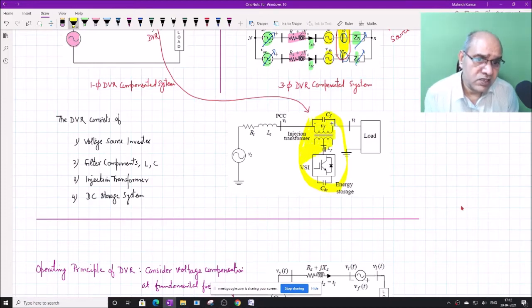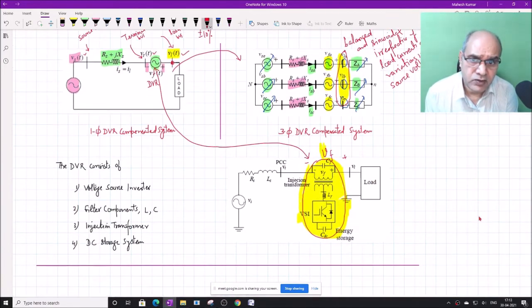So this is equivalent to injection of the voltage VF. This is minus, this is plus. So this can be represented by a voltage source whose value is VF, same as I have shown here.